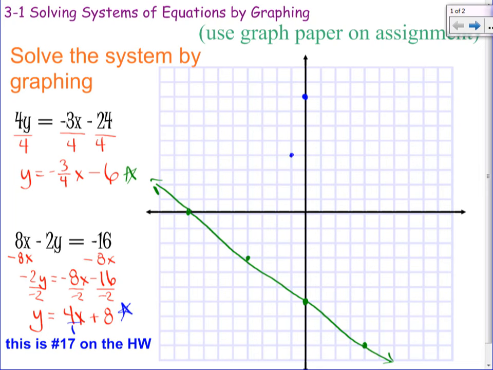Okay, so we're going to repeat that. Down 4, left 1. Down 4, left 1. Okay, so we connect these together. What's our solution?